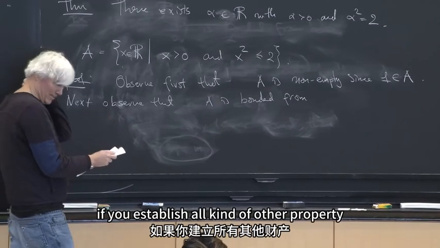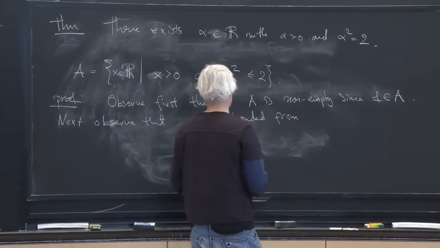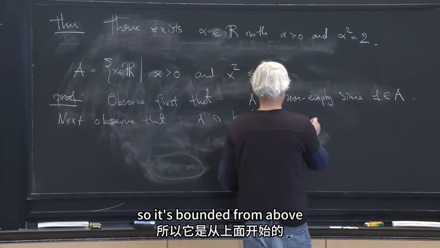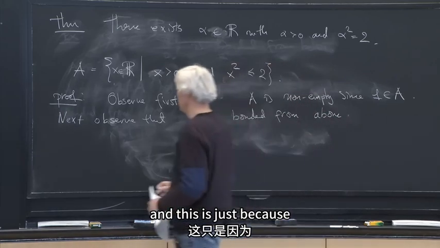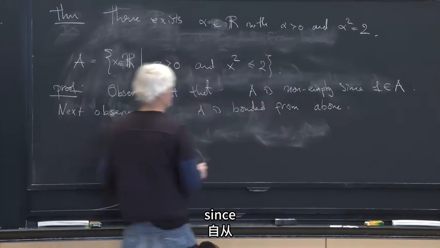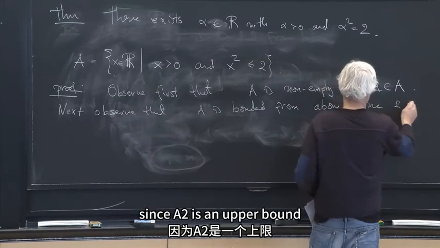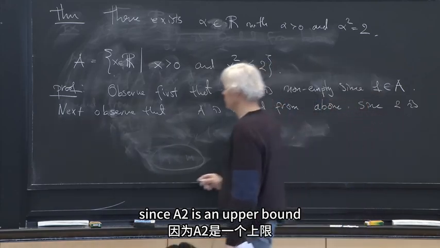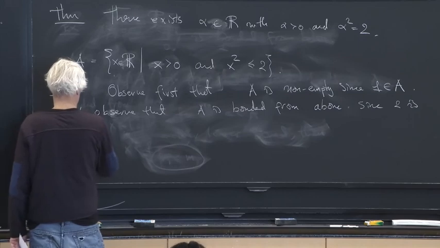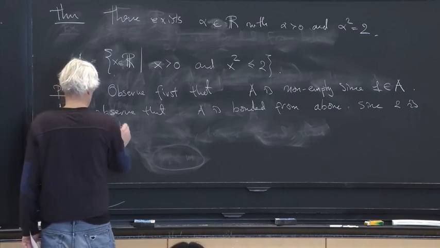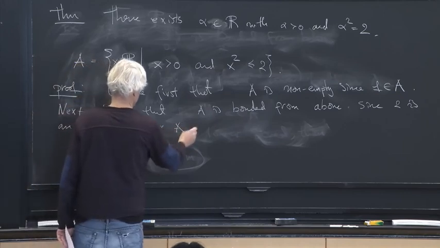If you establish all kinds of other properties that are not needed, that just makes it confusing. So it's bounded from above. And this is just since 2 is an upper bound for A. Okay.